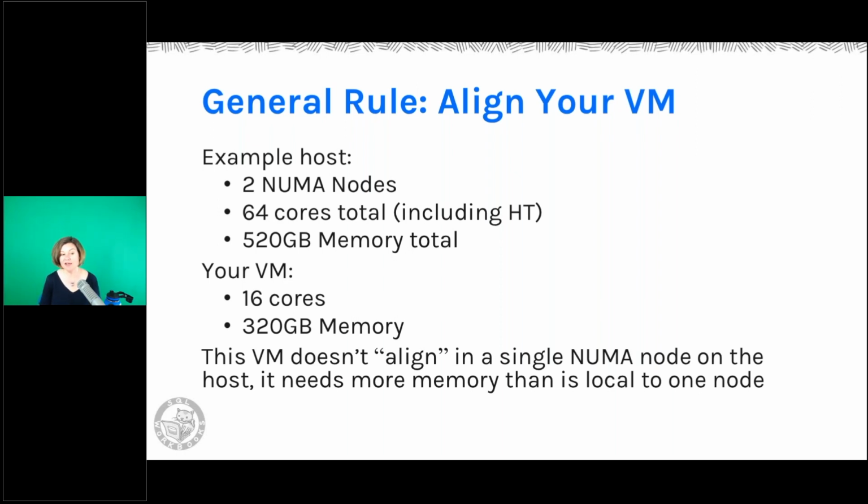If my VM has 16 cores and 320 gigs of memory, this doesn't fit inside a single node, because 320 is more than half of 520. So if it doesn't align, I will want to look in the VM at how many NUMA nodes Windows sees, and see if I can configure it to see 2 NUMA nodes, so that each of the NUMA nodes in the VM can be aligned inside a NUMA node in the host.